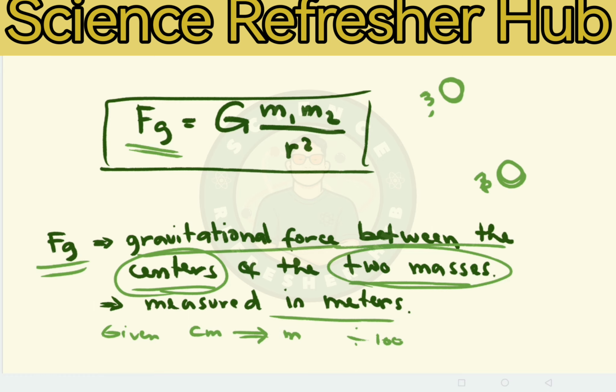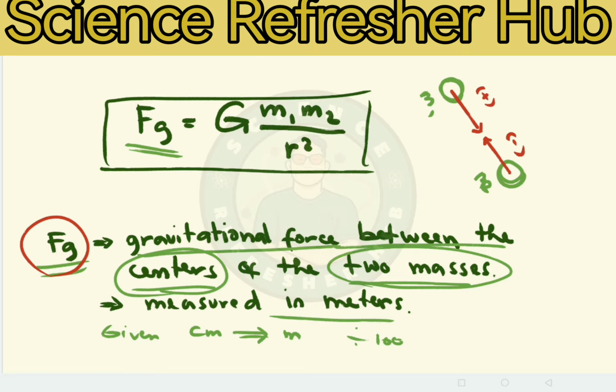We can say the force of mass 2 is pulling mass 1 towards it, and the force of mass 1 is pulling mass 2 mutually with the same gravitational force towards it. So it's opposite. In this case, it's going to be the positive value of the Fg and the negative value of the Fg. Keep that in mind.